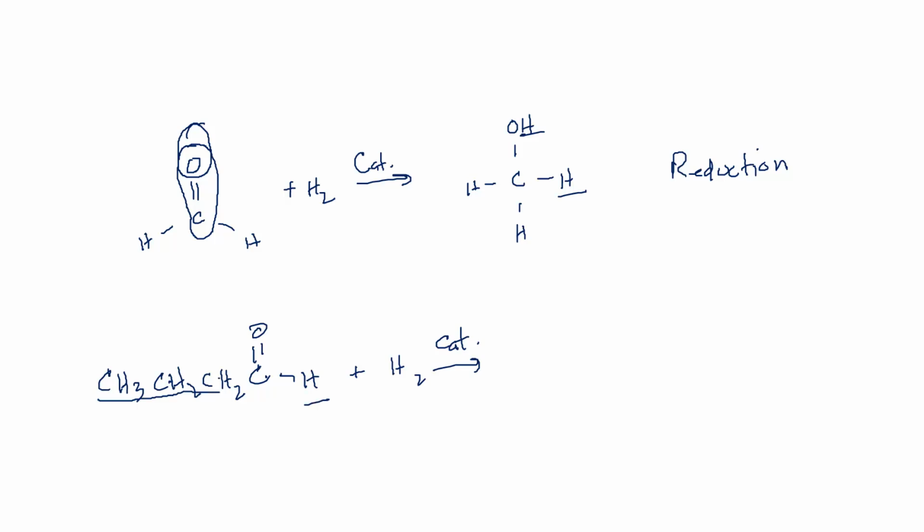Or oops, this is an aldehyde too. No, it's a ketone if this would be another alkyl group. This is butanal, oops, with the A there. So butanal added to hydrogen gives us the primary alcohol, butanol.